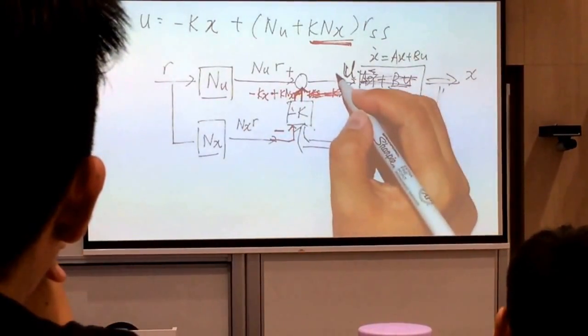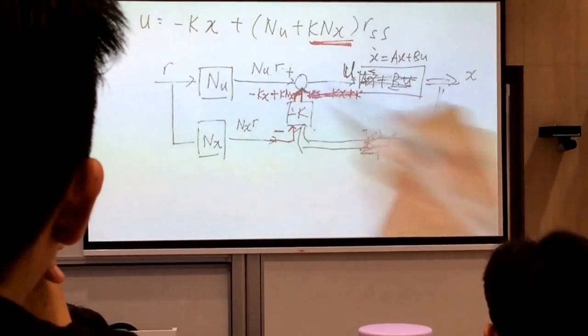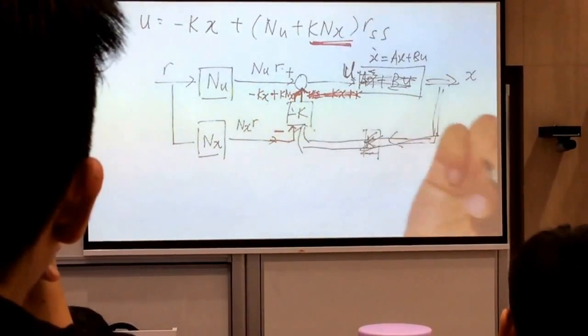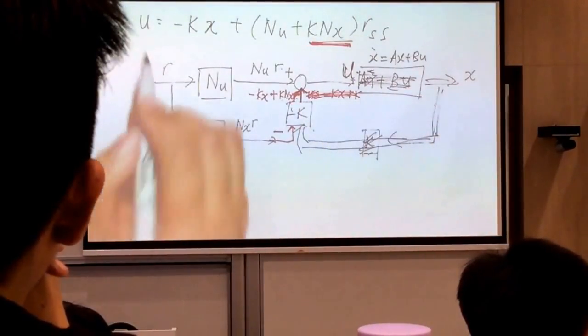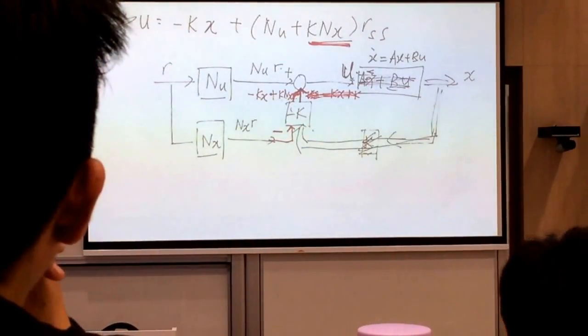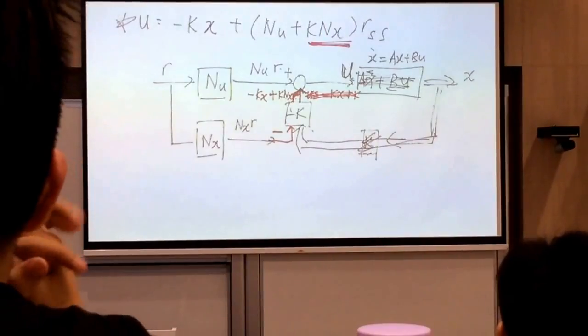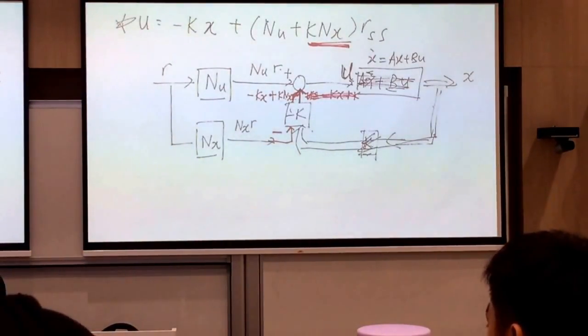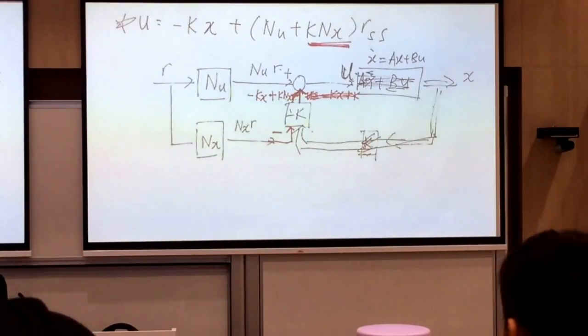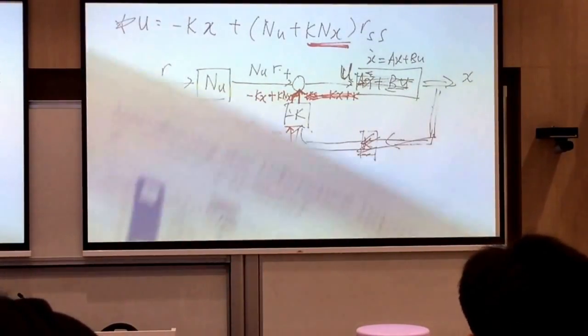U will be Nur minus kx plus K Nx r, which is this. Alright, and this is this.